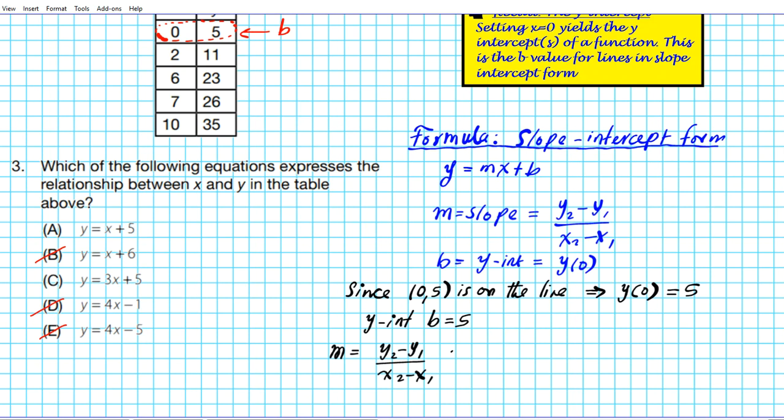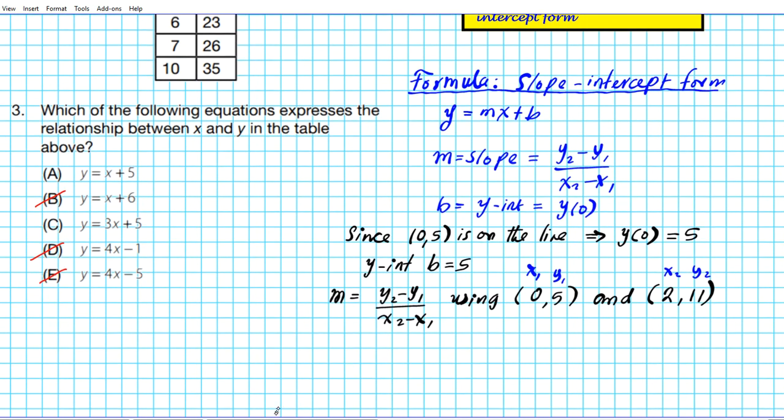Okay, so if we use 0, 5 as the first point and 2, 11, we can assign values to x1, x2, y1, y2. This is the first point, so this is going to be my x1, y1, and this is the second point. This is going to be my x2, y2.